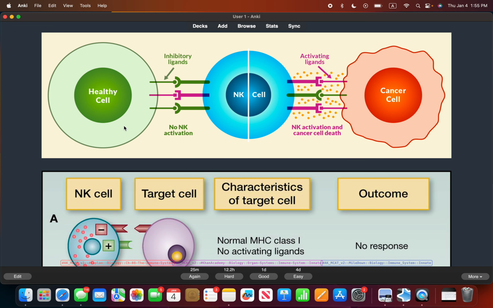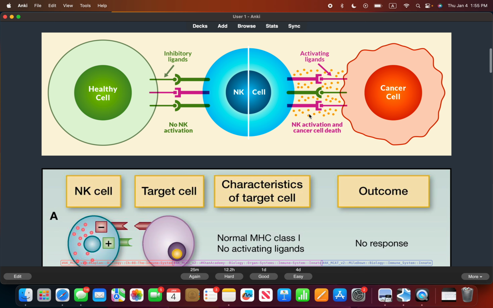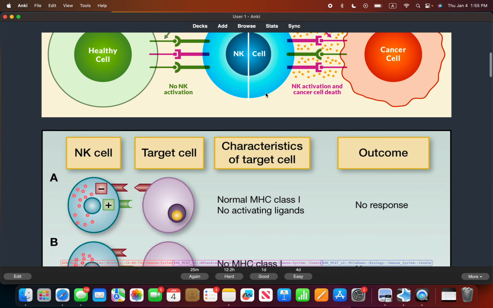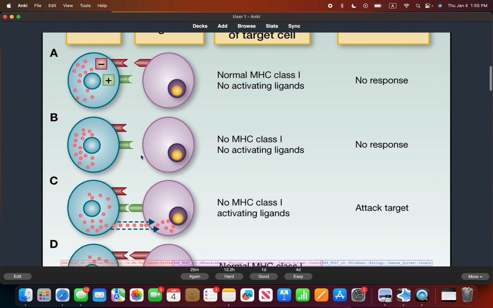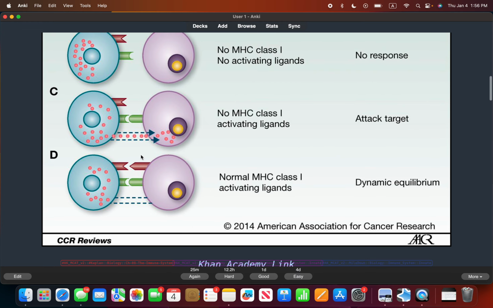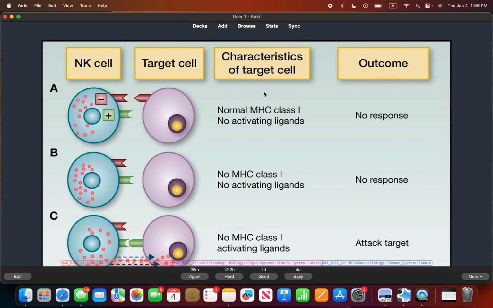Inhibitory ligands, no NK activation. Activating ligands, NK activation and cancer cell death. Natural killer cell, no natural killer activation. Natural killer activation and cancer cell death. We have a natural killer cell. Then we have the target cell. All these different scenarios. Then we have characteristics of target cell.